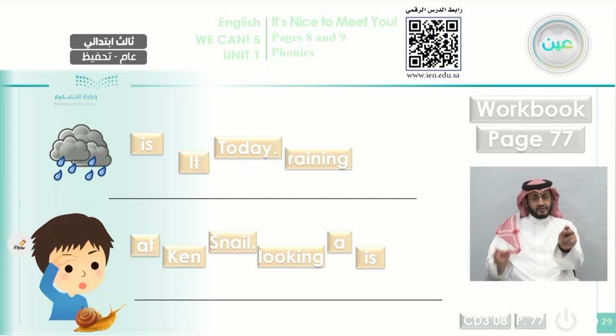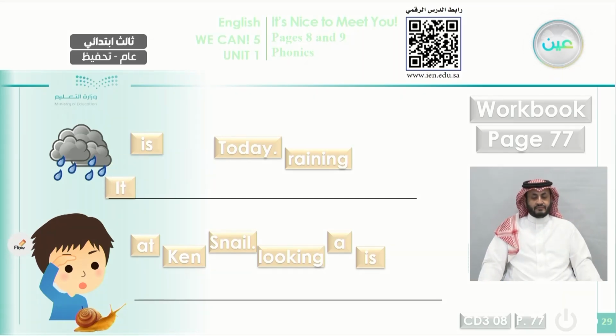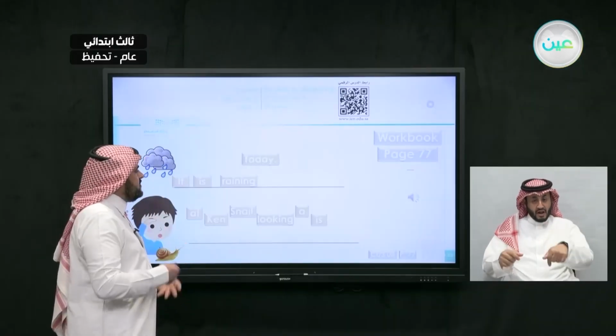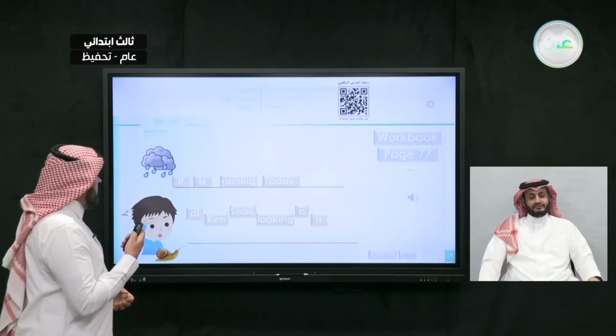Okay, another two sentences also on page 77, this exercise. Look at this word. Is it today raining? So this is a sentence telling us that it is raining. How can we make this sentence? We can do like this. It is raining today. So we're telling that the action is in progress.